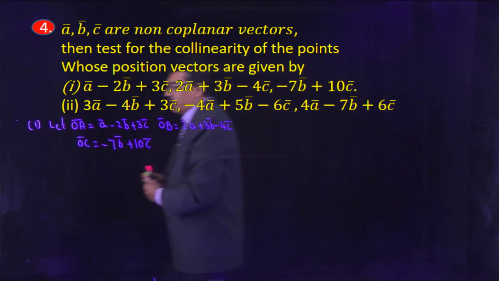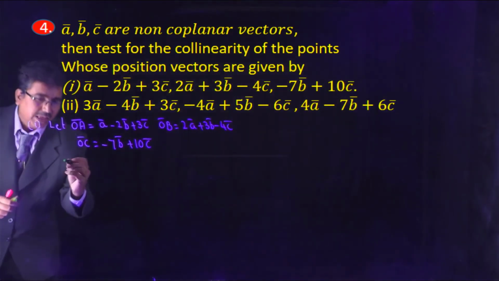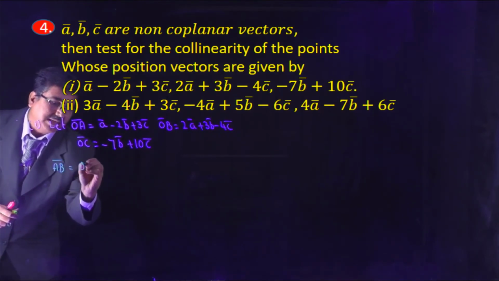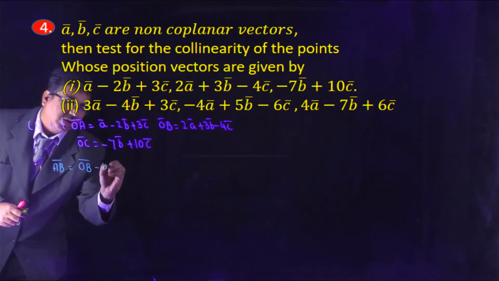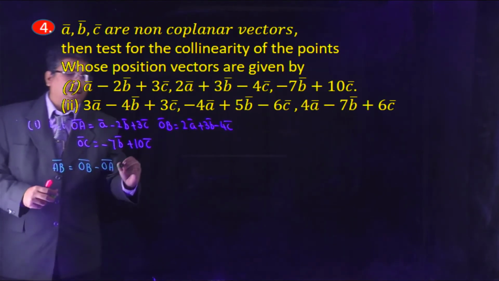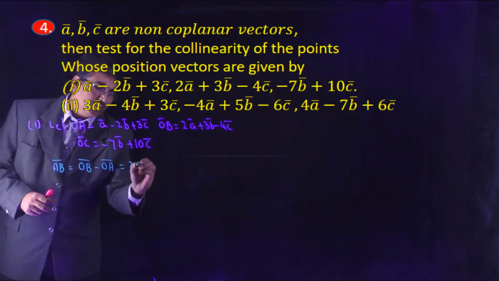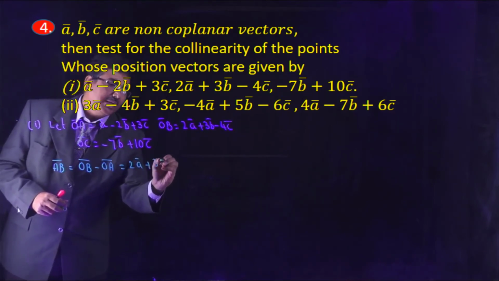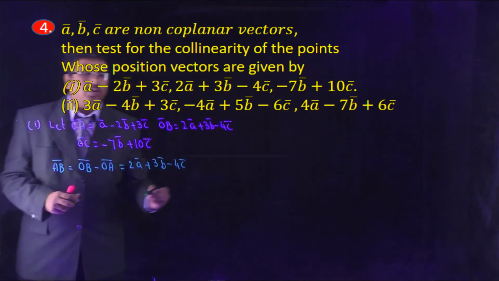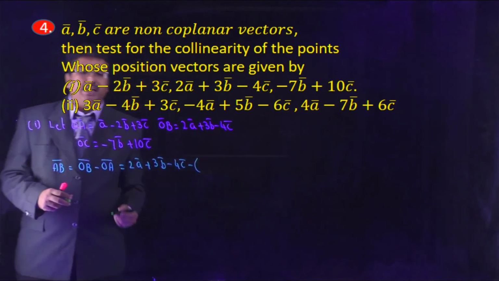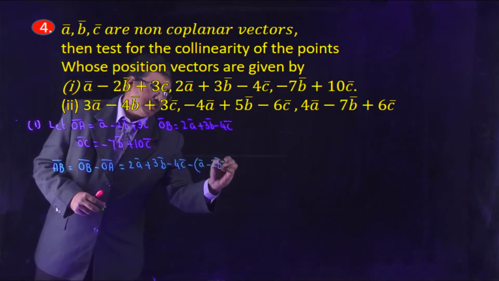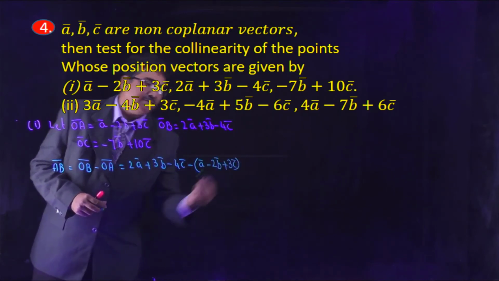Let AB bar be equal to OB bar minus OA bar. OB bar is 2A bar plus 3B bar minus 4C bar, minus OA bar. OA bar is equal to A bar minus 2B bar plus 3C bar, right?